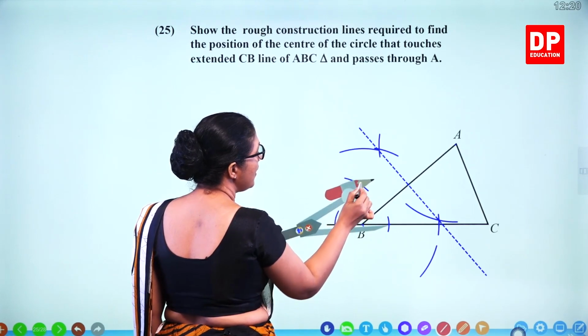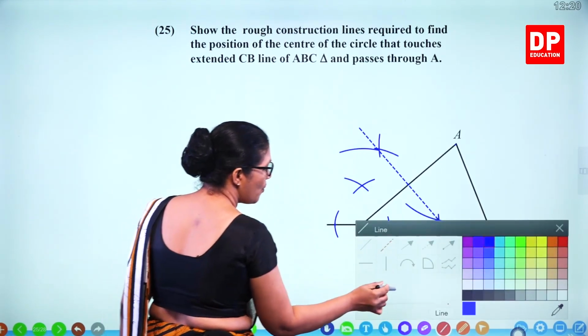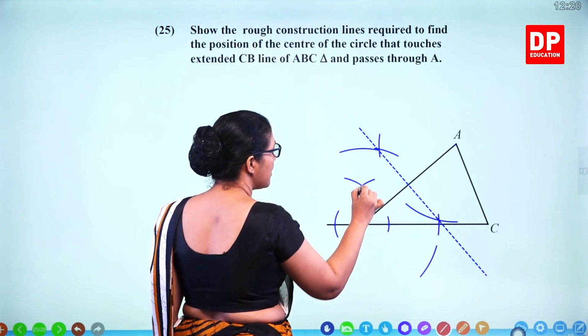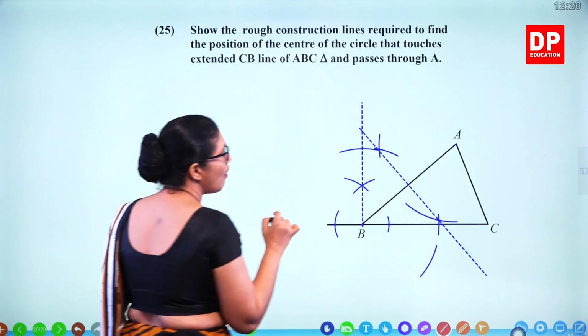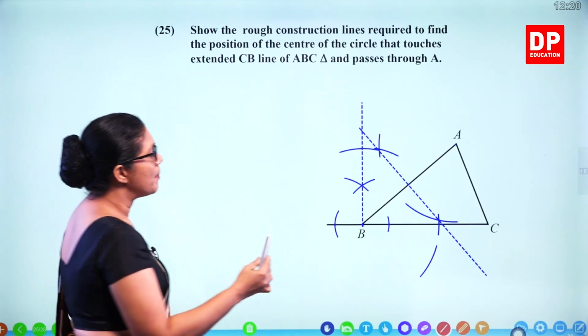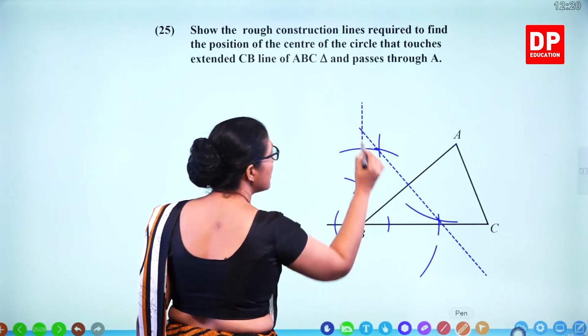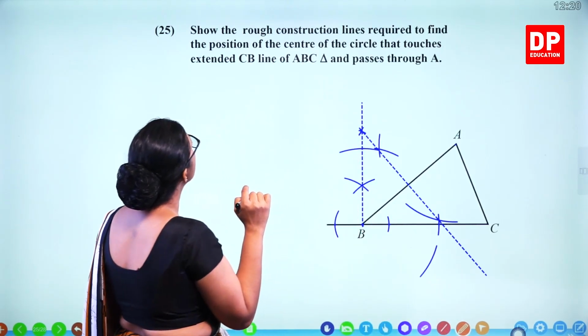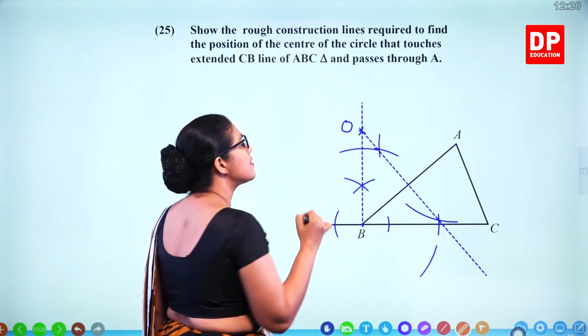You are drawing a perpendicular at B. Now we have this line. The intersecting point of the two lines, the perpendicular line and this bisector, is the center. So this should be the center. They are asking for the required point. So this is the center.